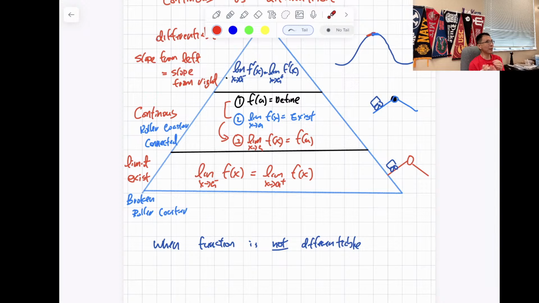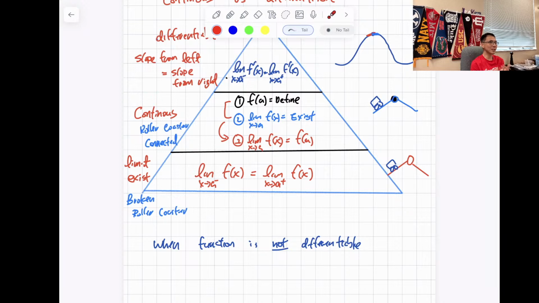But if a function is differentiable, what does that imply? It has to be continuous. The limit has to exist, because you already have the top part of the pyramid, so you have to have the bottom part. If I just say continuous, does the limit exist? Yes. But it does not mean it's differentiable.